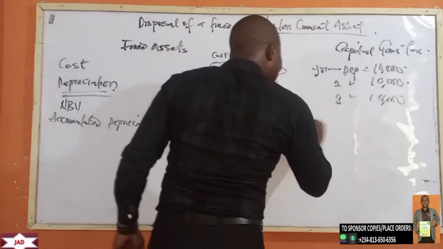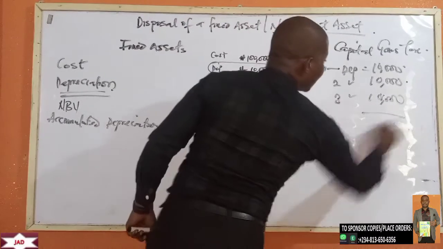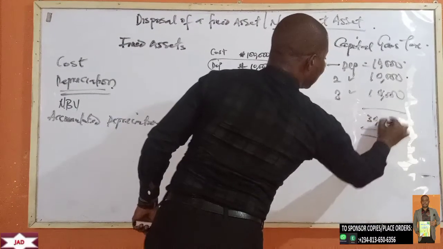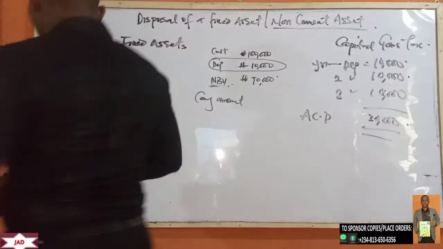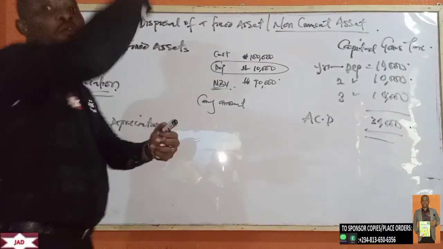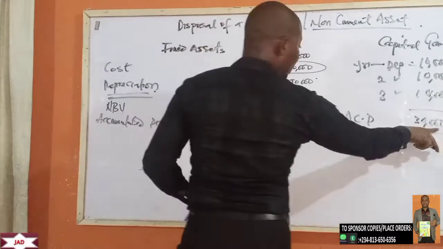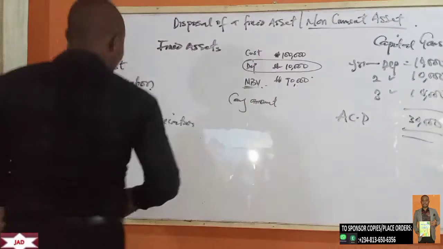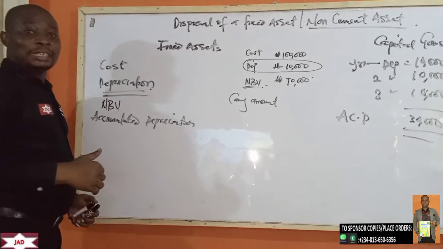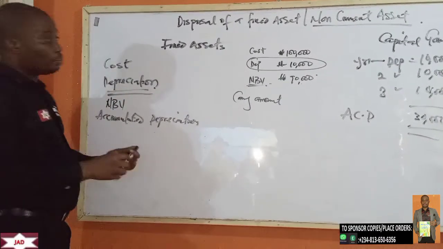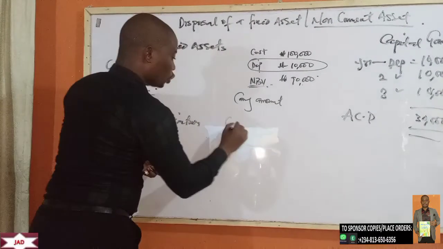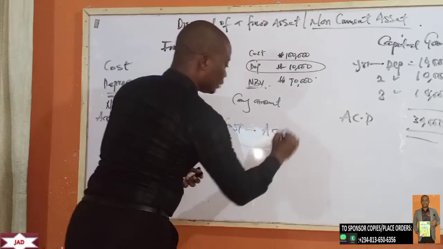So accumulated depreciation will be how much? 30,000. So when you mop up the depreciation charge over the periods of usage, you get what? Accumulated depreciation. So that means that your net book value can as well be what? Your cost minus your accumulated depreciation.